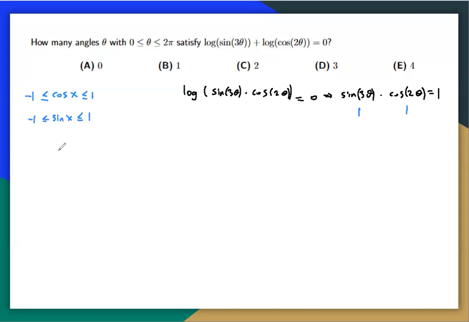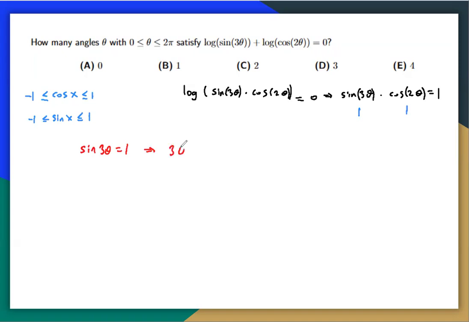So the first one, we have sine of 3 theta equal to 1. Just imagine the sine values: sine will be 1 if the angle is 90 degrees or an odd multiple of 90s, right? That should be the case for this equation to be satisfied.